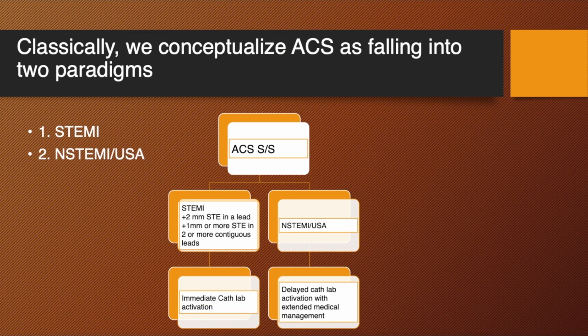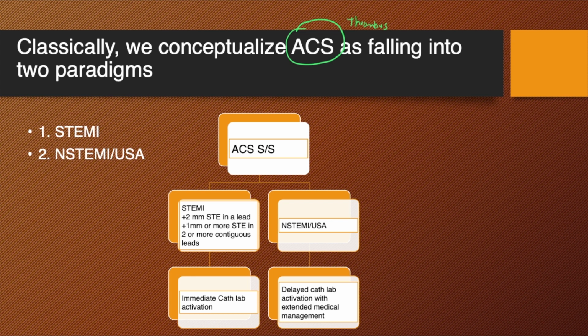Classically, we conceptualize acute coronary syndromes as falling into one of two major paradigms. Just as a reminder, an acute coronary syndrome is a situation where you have an acute compromise of a coronary artery. This is typically due to a blood clot or a thrombus that forms suddenly in a coronary artery.